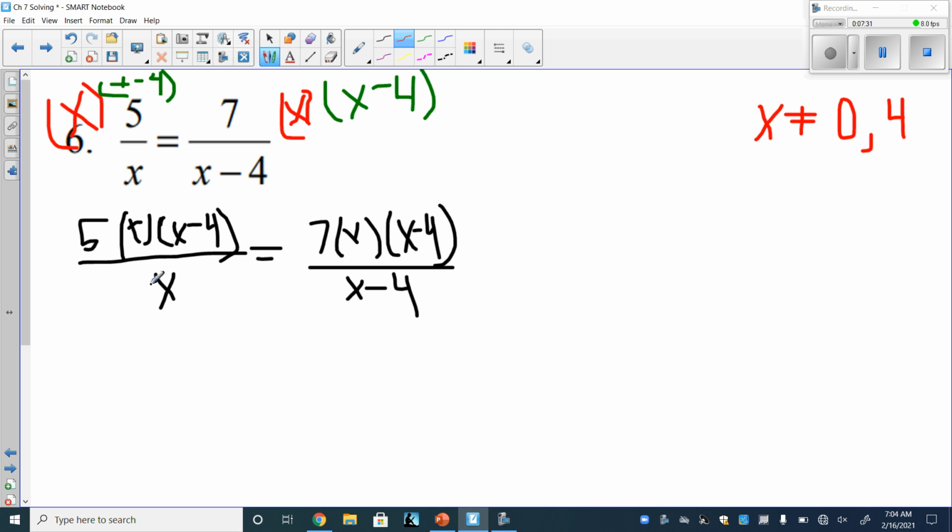And at this point, we can simplify out what's in common. The x and x would cancel out because they're on top and bottom, and we can simplify it out because we are multiplying. The x minus 4 and x minus 4 would cancel.